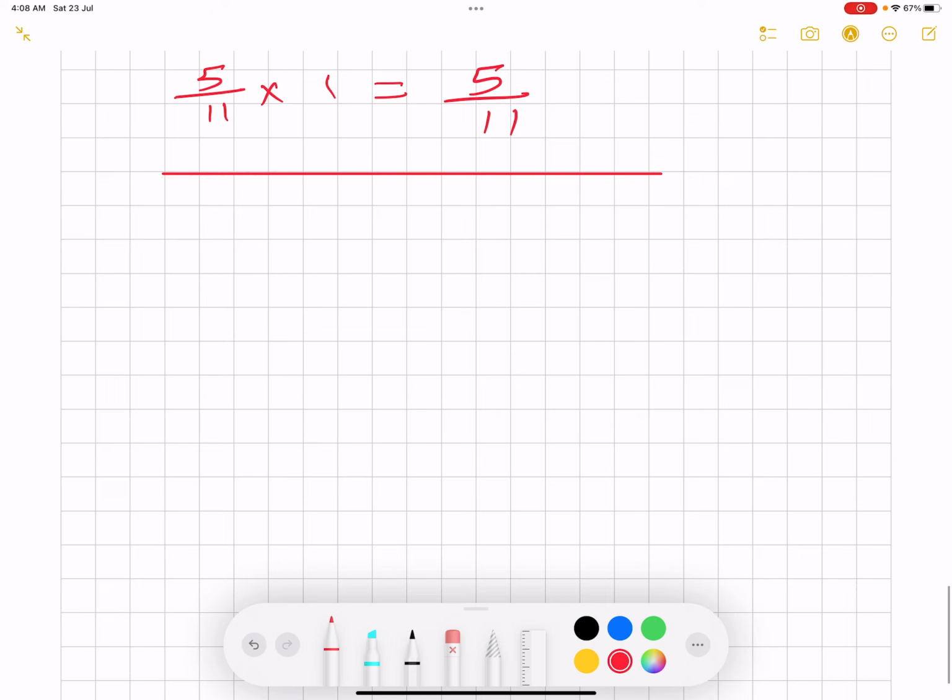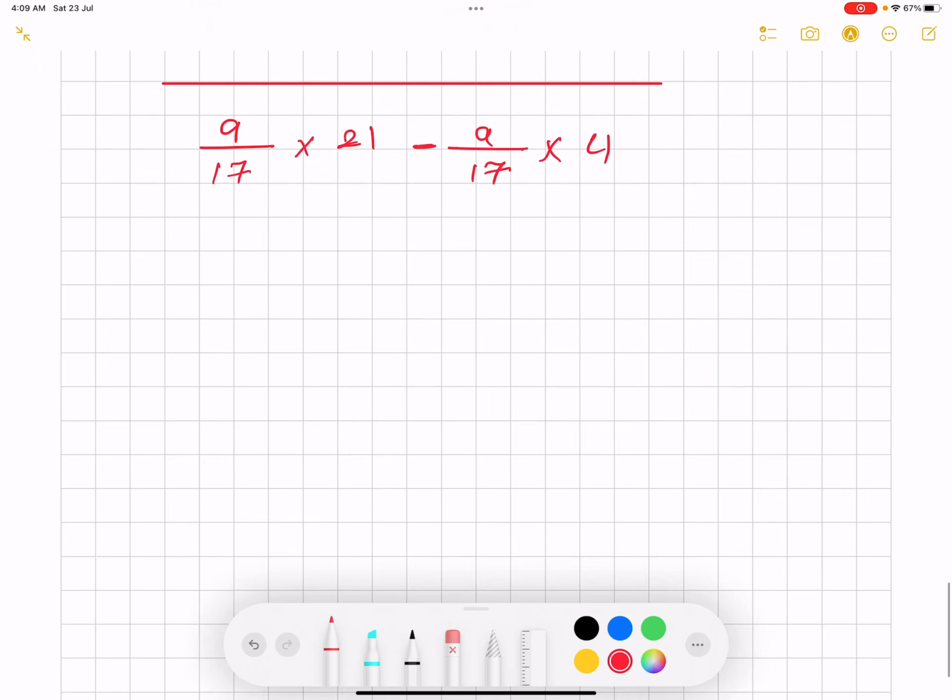طيب خلينا نروح لحاجة تانية. If we got here 9 out of 17 times 21 minus 9 out of 17 times 4, فبالتالي أنا هاجي أسألك دلوقتي إيه النمبر اللي هو الكومن المتكرر؟ يعني أظن واضح جدا الـ 9 over 17.